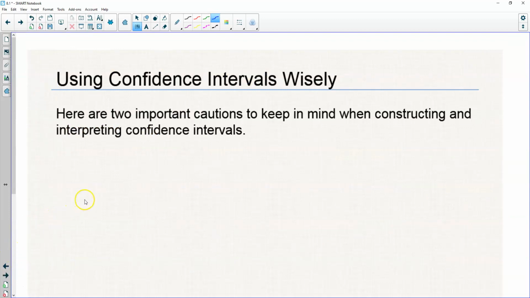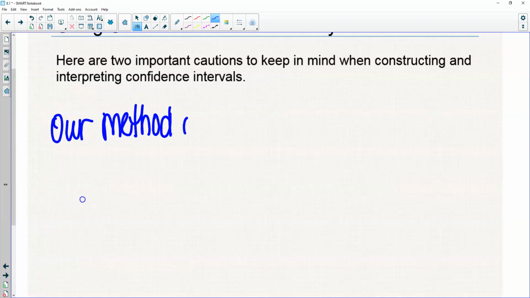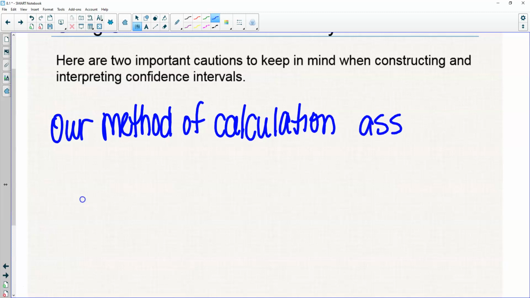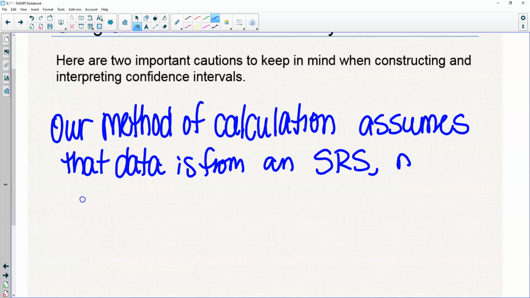Here are two important cautions when you're constructing or interpreting a confidence interval. Our method of calculation assumes that data comes from a simple random sample, and from the population of interest.